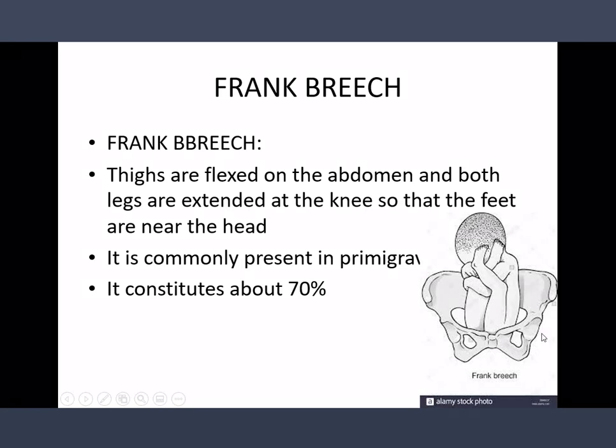And presenting part consists of external genitalia and buttocks, and feet are on either side of the head. So presenting part consists only of buttocks and external genitalia, whereas in complete breech, we can see external genitalia, feet, and buttocks. This is the major difference between complete breech and frank breech.